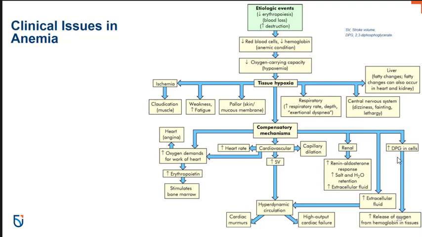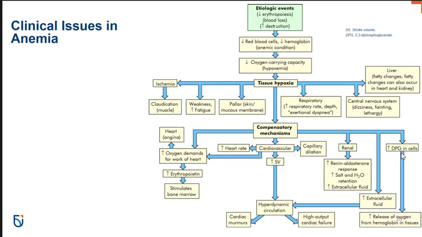And finally, there will be this increase in the amount of what's called diphosphoglycerate in cells. So diphosphoglycerate is found in human red blood cells, and it has this ability to promote the release of any remaining oxygen that's bound to the hemoglobin in the red blood cell to leave the red blood cell and go into the tissue.